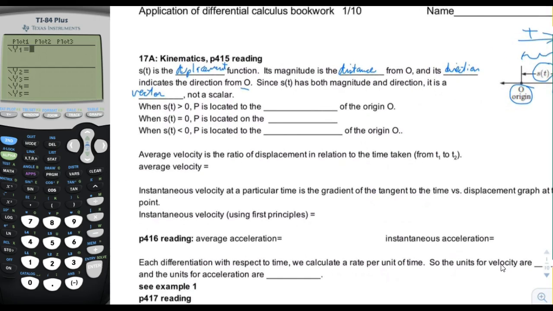So when S of t is positive, P is located to the right of the origin, O. When S of t is 0, P is located on the origin. And when S of t is less than 0 or negative, P is located to the left of the origin.